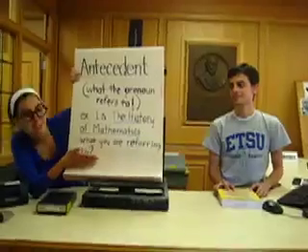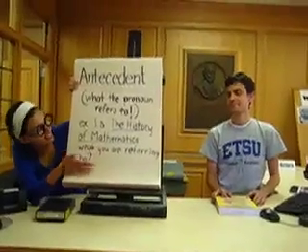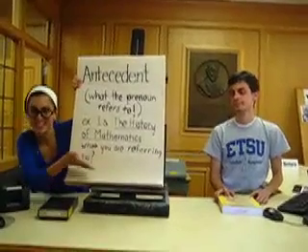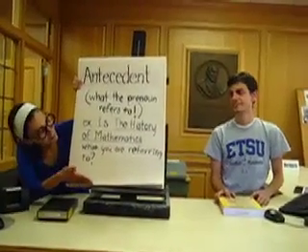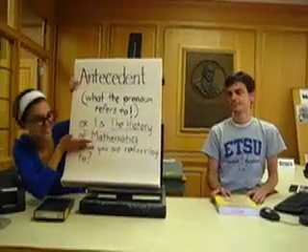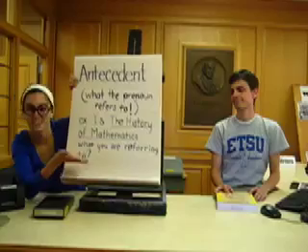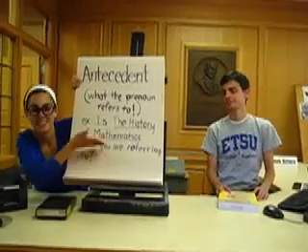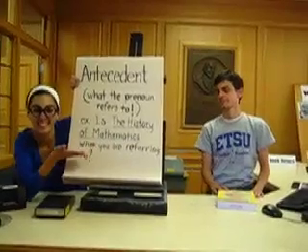See, in our sample sentence here, is the history of mathematics what you are referring to, this interrogatory sentence here? What we have is, the antecedent is the history of mathematics, and our pronoun is what. So what is referring to the history of mathematics, our antecedent.